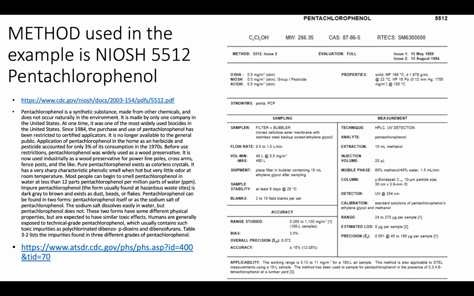And you can see that we need to sample for a long enough period of time to pull at least 48 liters of air, and this will allow us to sample at the occupational permissible exposure limit. If we pull less than 48 liters of air, we will not reach the occupational exposure limit. So we're going to use this method, and hopefully it'll help you understand the different terms that are used and how you can use it when you're setting up your sampling protocol.